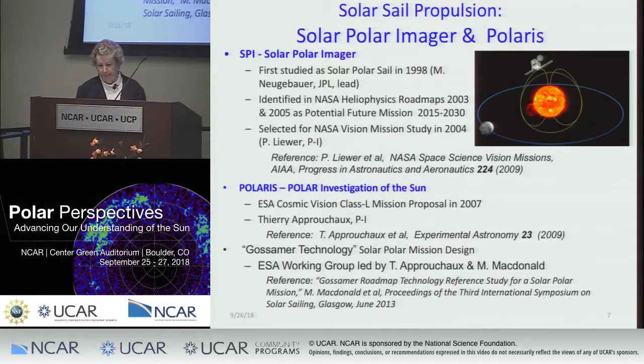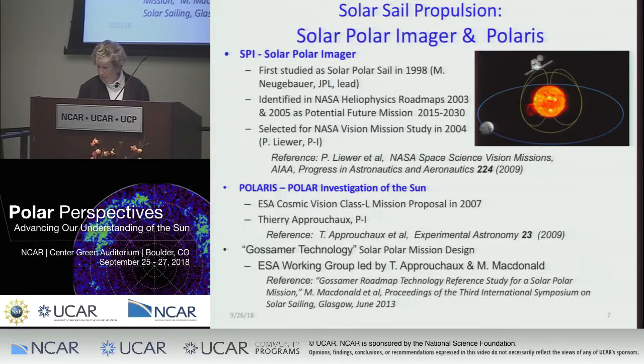Then this went to France. It was picked up by Thierry Appourchaux, who's here, and proposed as a Cosmic Vision mission. And there's the reference there, and a lot of work was done on the solar sail technology in Europe as well as in the US.